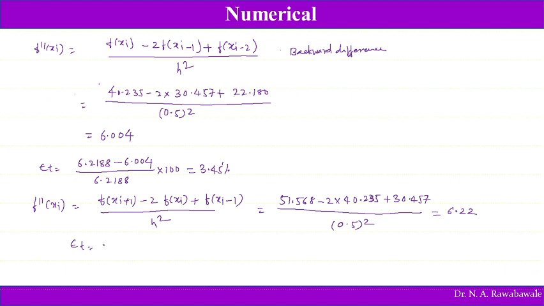The error here is 6.2188 minus 6.22 divided by 6.2188, into 100. So this error will be 0.019%, which is the minimum error.